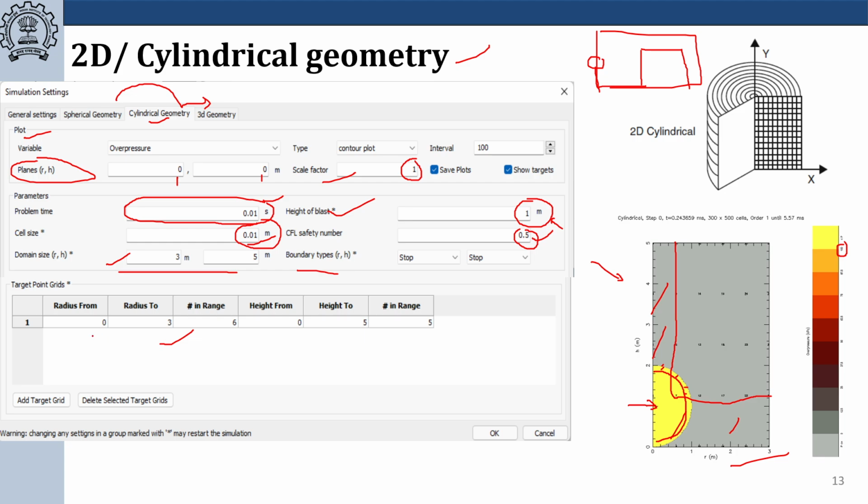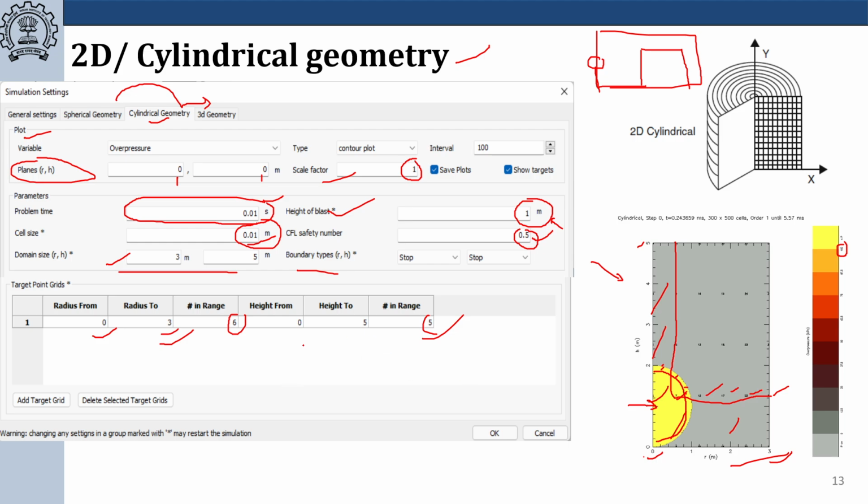So 0 to 3 radial distance and 6 in range, you will have 6 points: 1, 2, 3, 4, 5, 6. And from 0 to 5 with 5 in range, you will have 5 points. It will compute the points, evenly distributed according to the range selected.